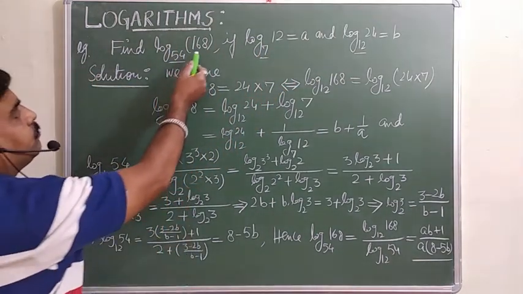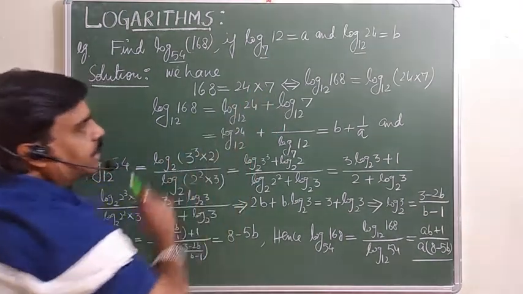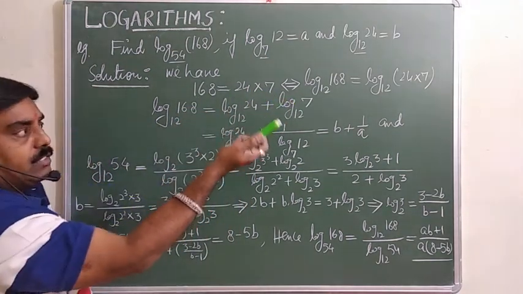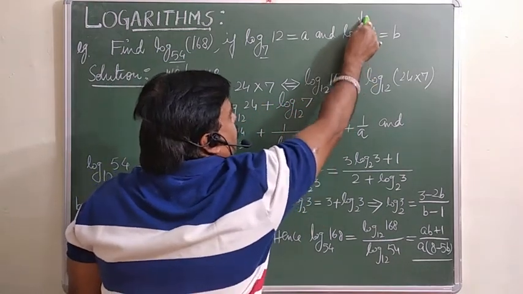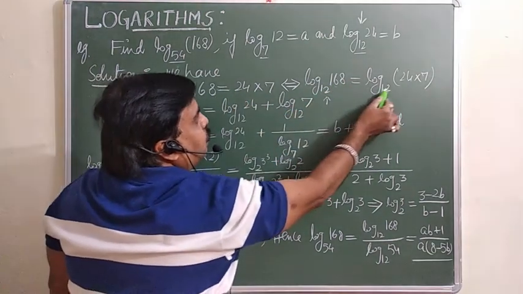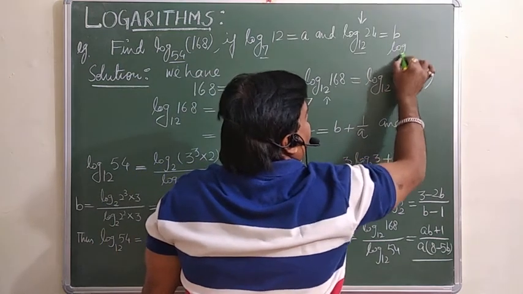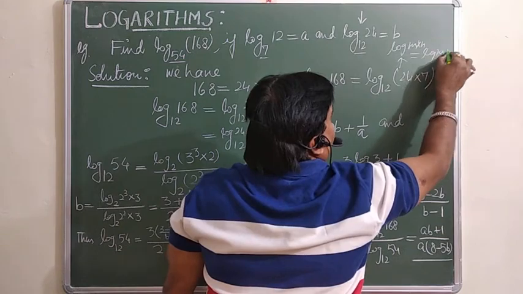So what will we do? This 168 can be written as 24 into 7. Now you can take the log of both sides at any one of the bases. So I am taking base 12, keeping this in mind. So log base 12 of 168 is equal to log base 12 of 24 into 7. Here you can apply log of m into n equal to log m plus log n.